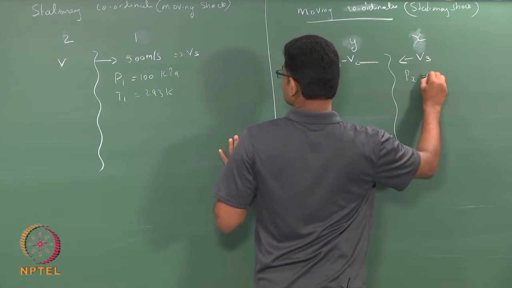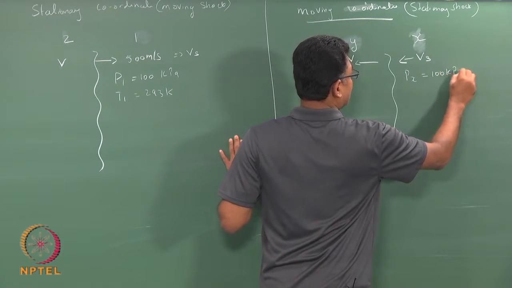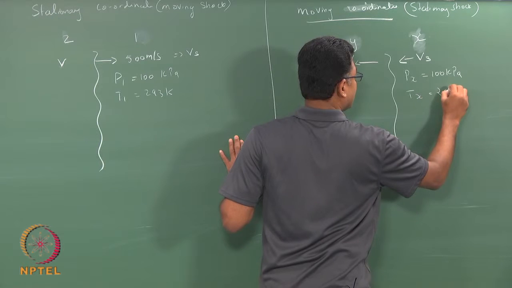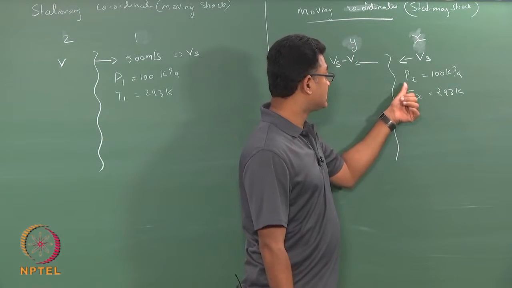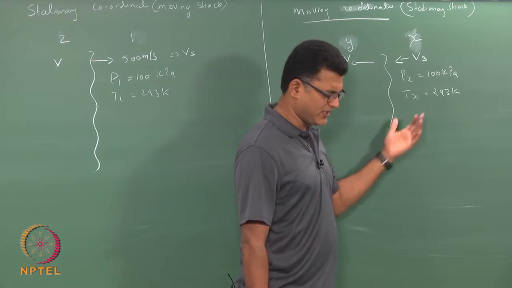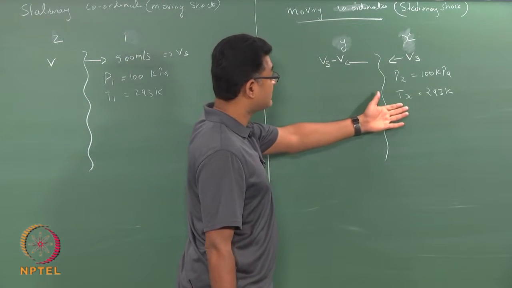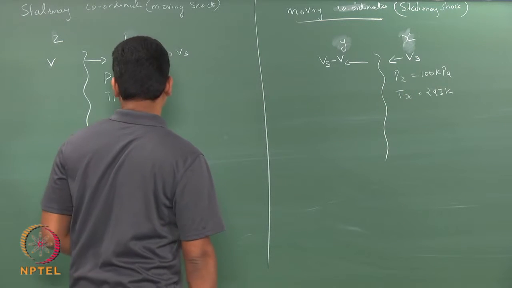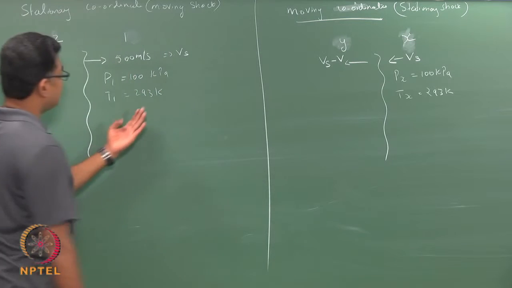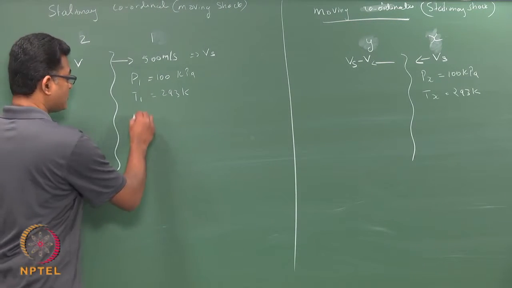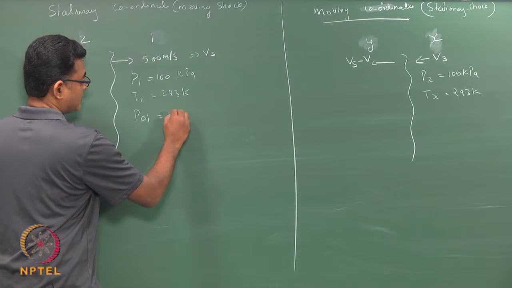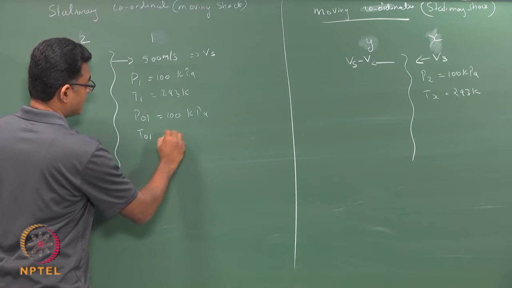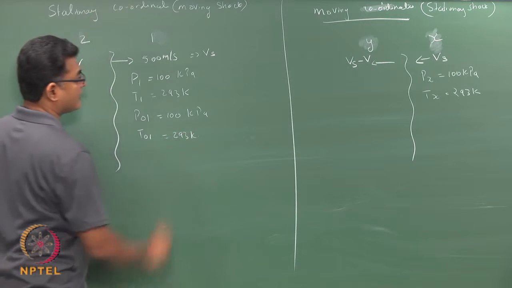So Px is 100 kilopascal, Tx is 293 Kelvin. So this stationary coordinates or moving coordinates or stationary shock wave, we have the static quantities the same as what is written here. But we also know that this is for velocity 0. So this is also my P01 because the velocity is 0, and my T01 is 293 Kelvin.